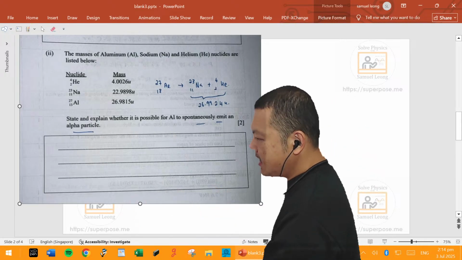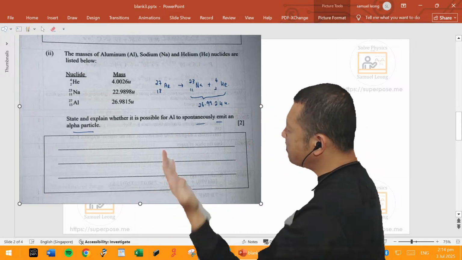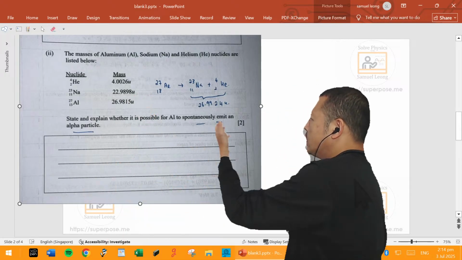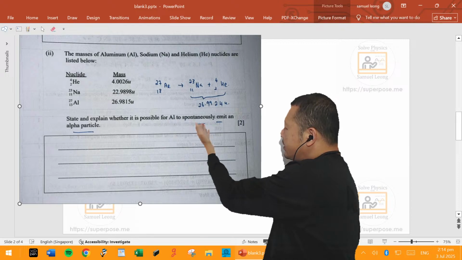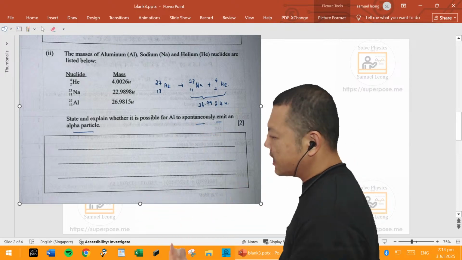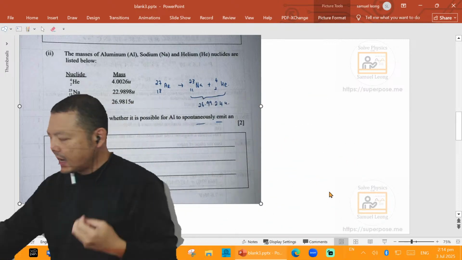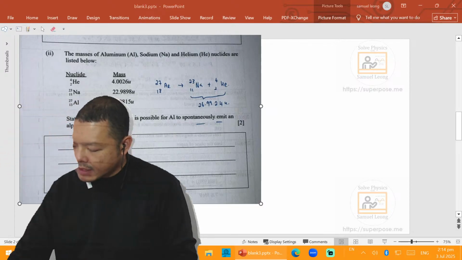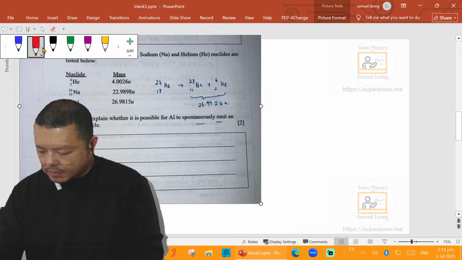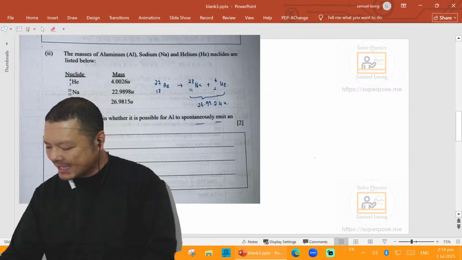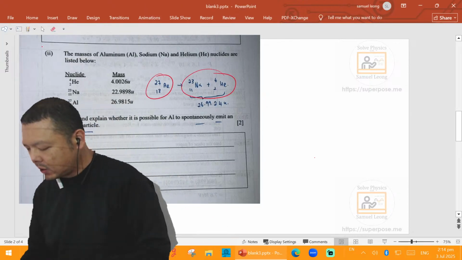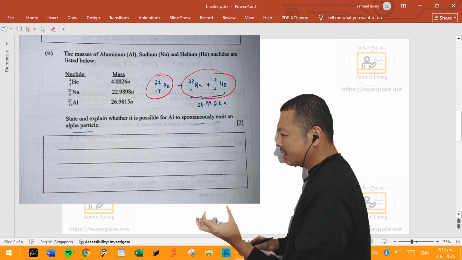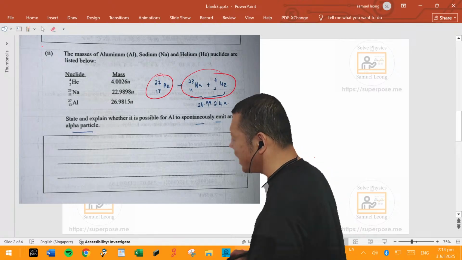Did they give you BE or did they give you mass? If they give you mass, then you obviously have to check the mass. And if they ask you spontaneously, it means that they're trying to suggest to you whether or not it decays. But we do know, hopefully from the start of the lesson, that if it was to decay, the mass must decrease. So you have to check the masses on both sides. Do you get a decrease in the mass? I'm not talking about mass number.